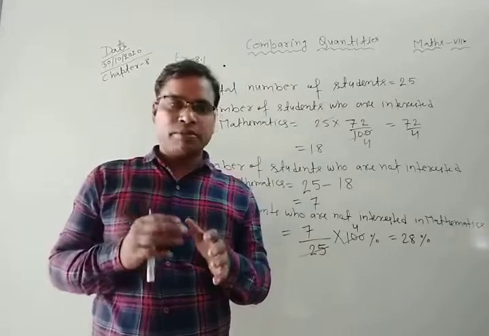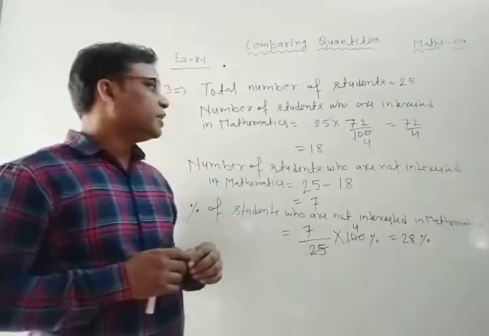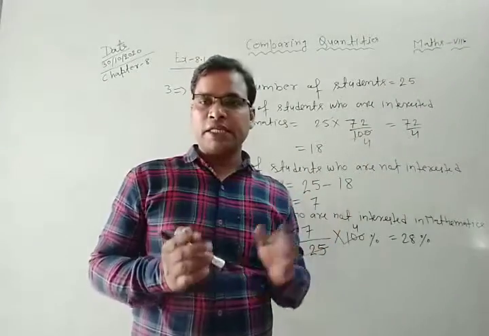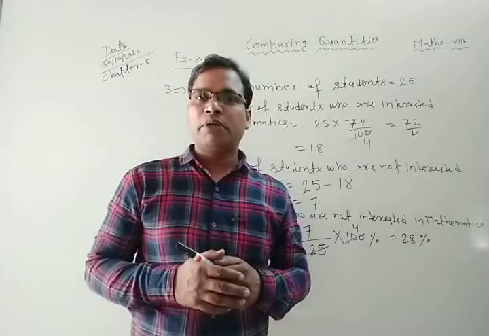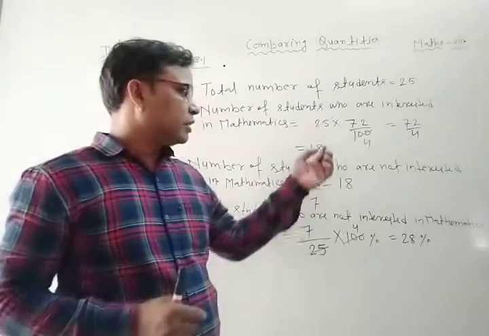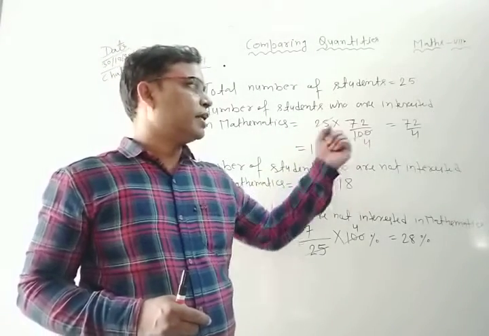So what is the exact number? The number of students interested in mathematics is equal to 25 into 72 by 100, because it is given that 72% of students are interested in mathematics. This is clear. So here we write 25 into 72 by 100.